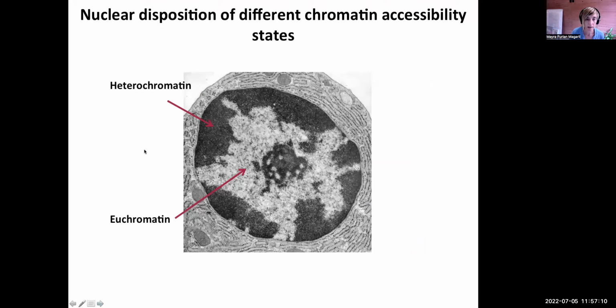In particular, different compaction levels of chromatin have different nuclear dispositions within the cell. Normally heterochromatin, or very compact chromatin, is located towards the nuclear periphery, whereas euchromatin, or more accessible chromatin, is located in the nuclear interior.